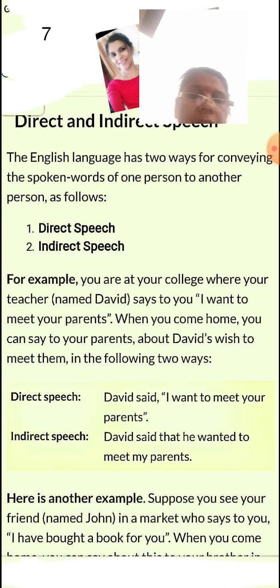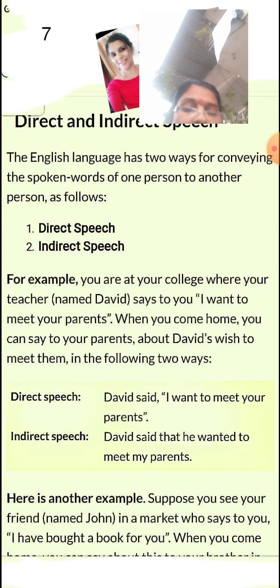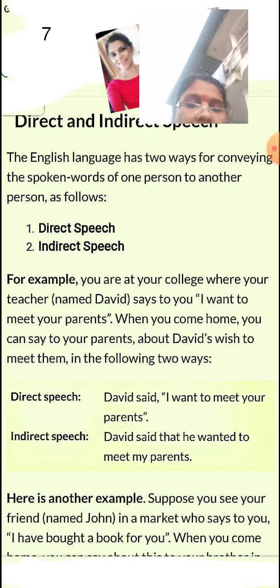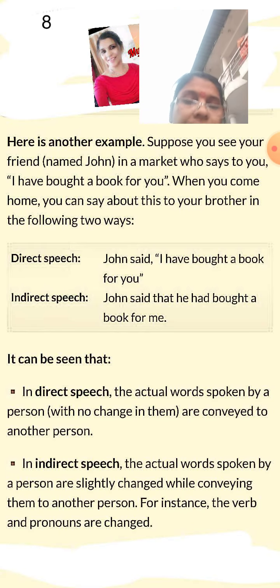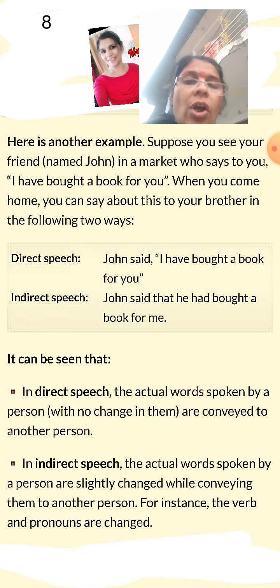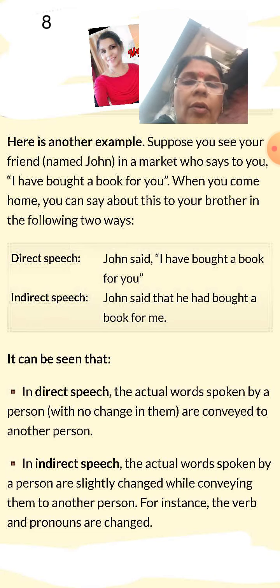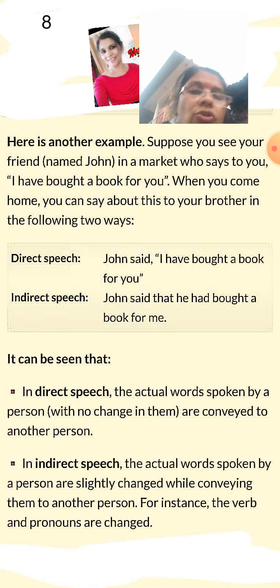David said, "I want to meet your parents." Indirect speech: David said that he wanted to meet his parents. John said, "I have bought a book for you." Indirect speech: John said that he had bought a book for me.